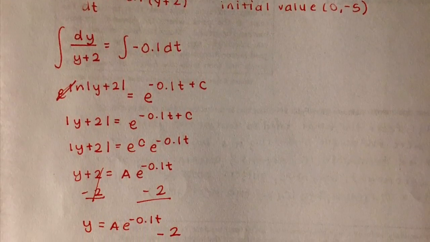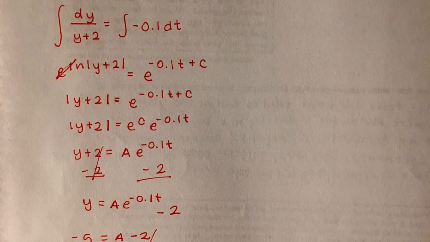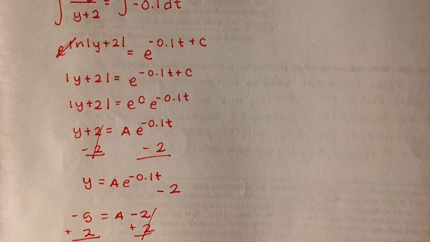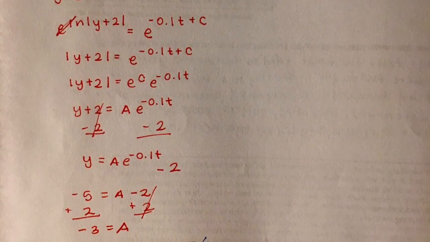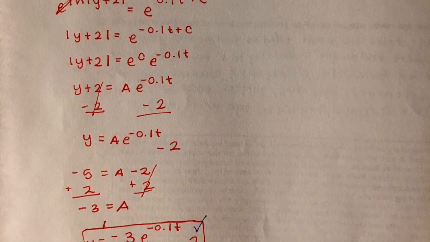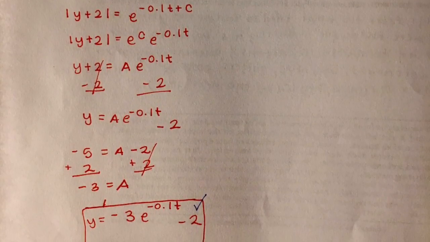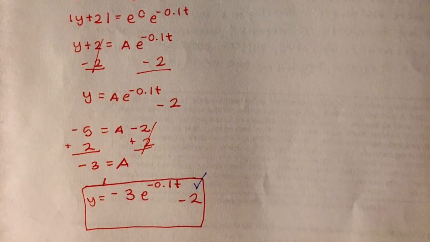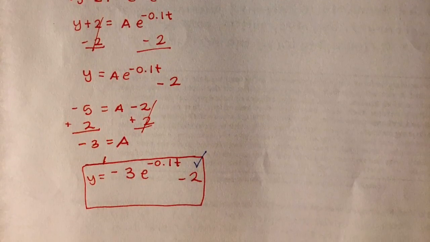Using exponent rules, we can bring e raised to the c in front, multiplied by e to the negative 0.1t. Because e raised to the c is some arbitrary constant, we can designate this as a. Then we subtract the 2 over, and now we have y equals a times e raised to the negative 0.1t minus 2.